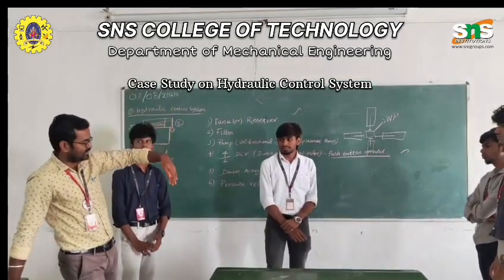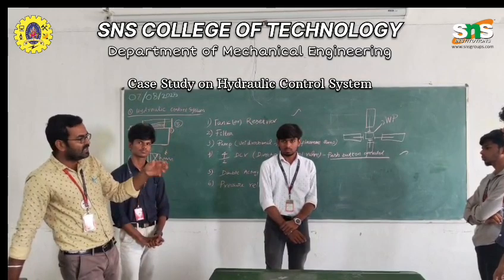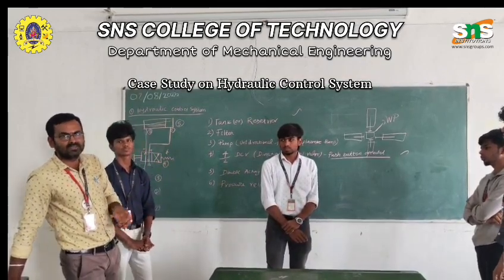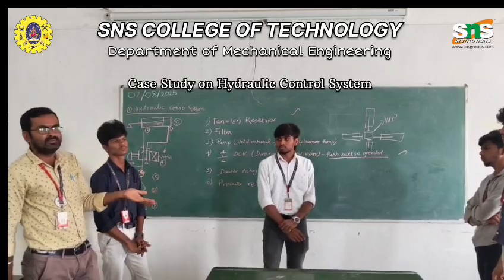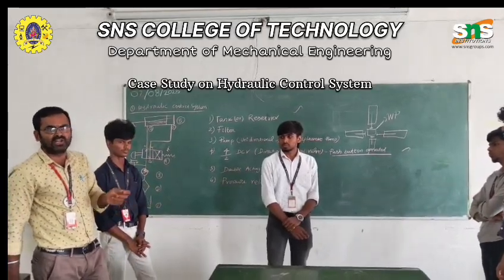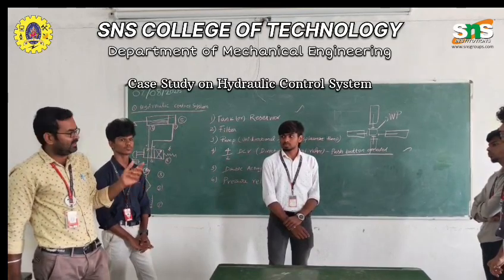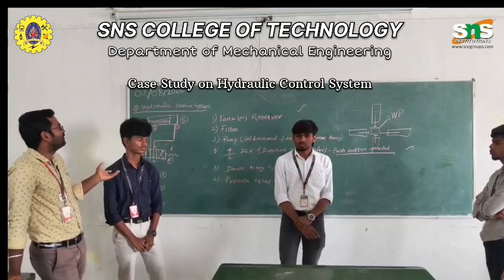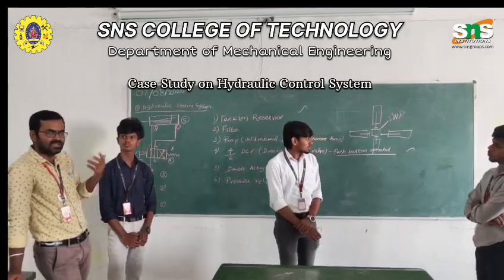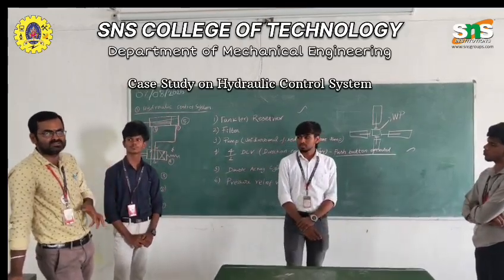When the cylinder moves downward, the drilling is automatically taken care of. After the drilling process, it moves back to the upward direction, which is called the retraction stroke. This way, these people can extend the case study which is suitable for the hydraulic control system incorporated with our CNC.